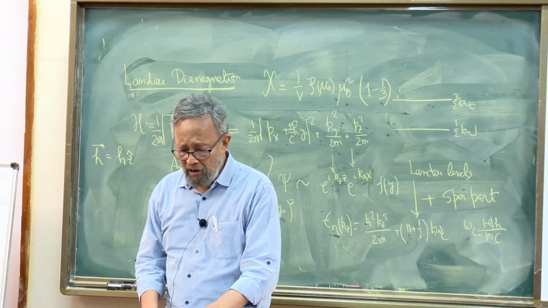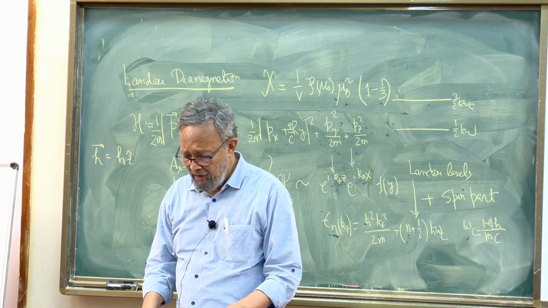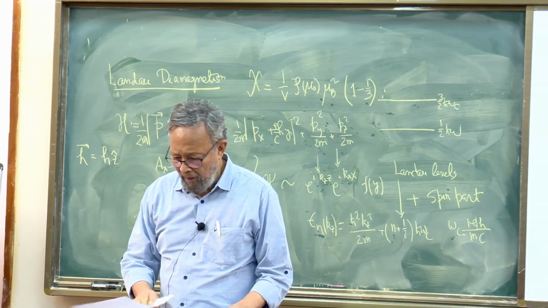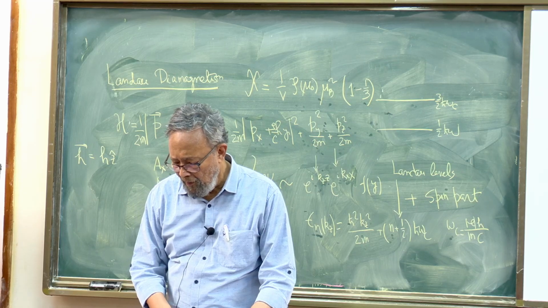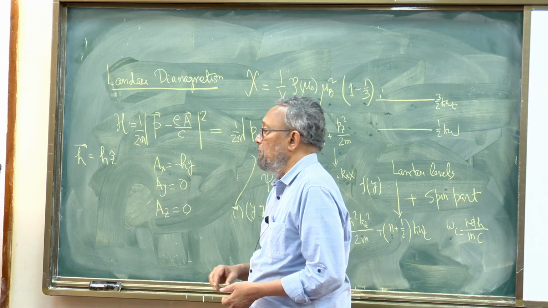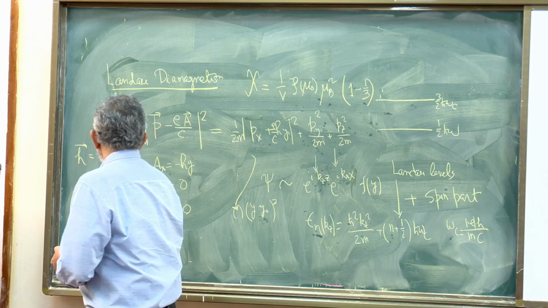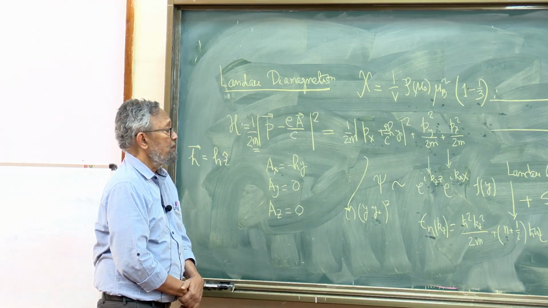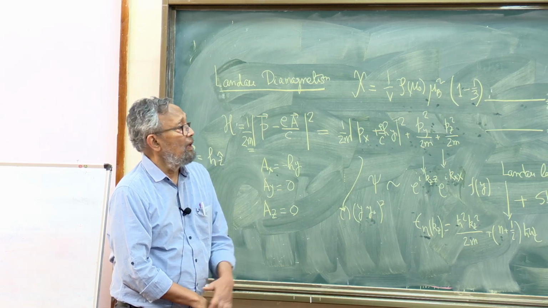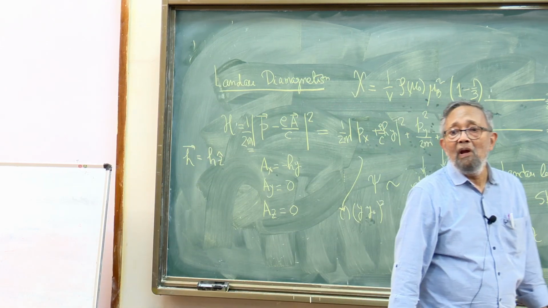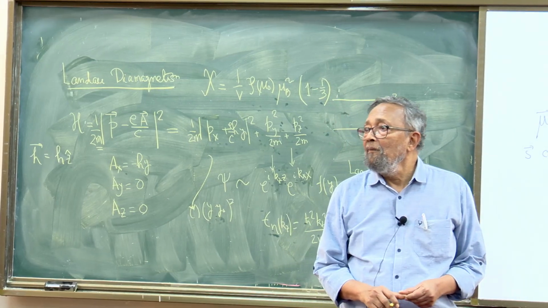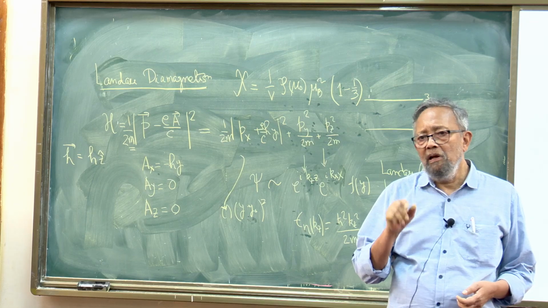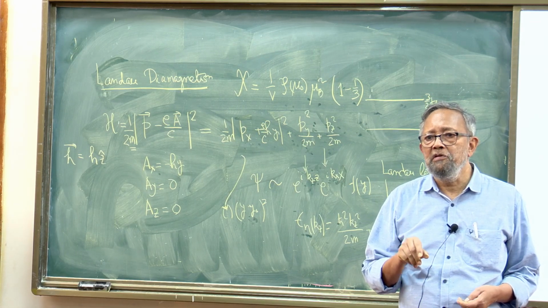So overall, I mean, one still expects the system to behave paramagnetically, but there is a catch. Just give me 2 minutes, I will just mention that. The catch is basically that the mass that comes in here and the mass that goes, for example, in the mu B need not be the same, because mu B, the spin part, is an intrinsic property of the electron, and there the true electron mass comes into the picture.